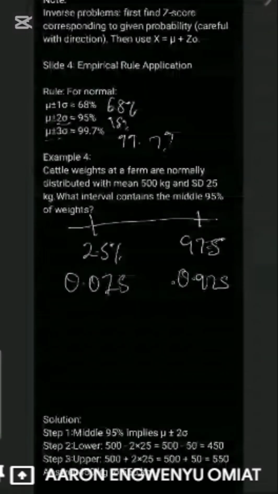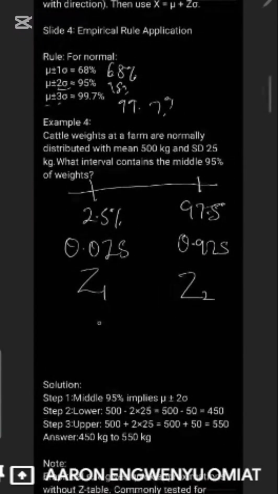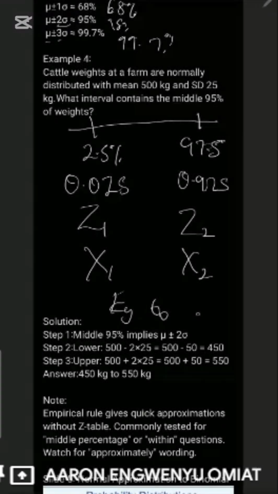From this, we look at the table and find Z1 and Z2. Then, using the inverse formula, we find the values of X1 and X2. With that, we can determine the interval in kilograms, from this to this.